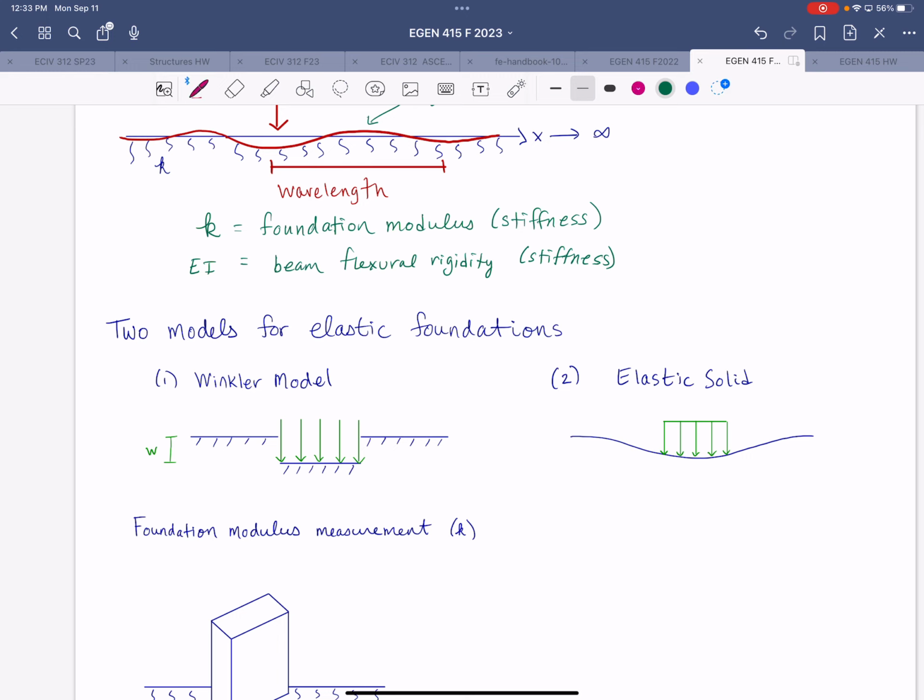If you imagine underneath the foundation just a bunch of independent columns that can move independently from each other. The theory then is that the deflection at any given point on the beam is proportional to the force at that location as well.